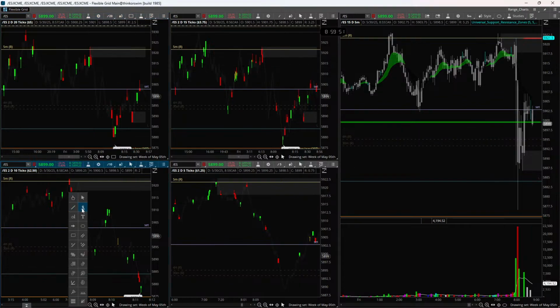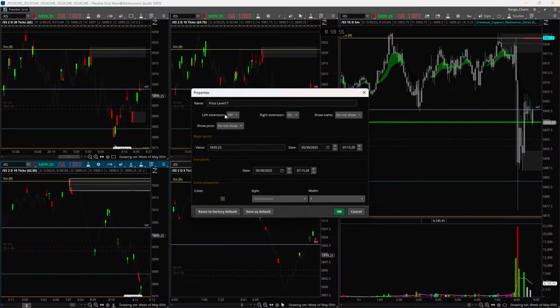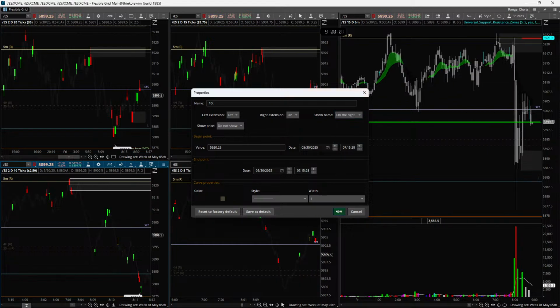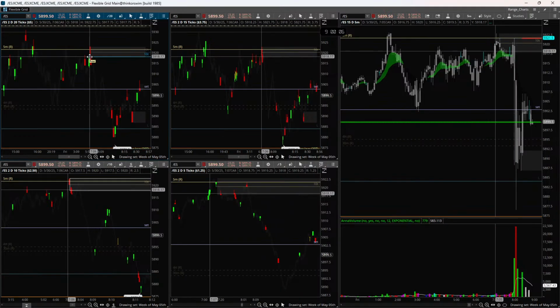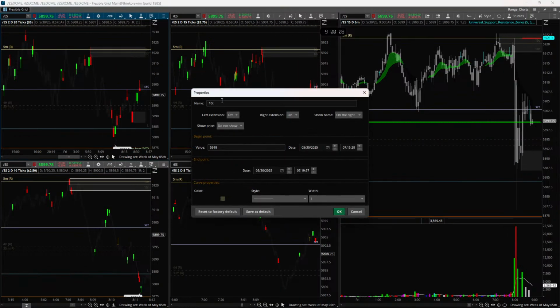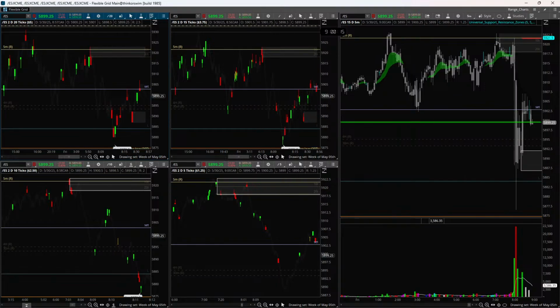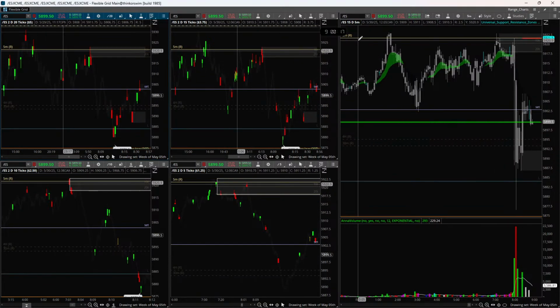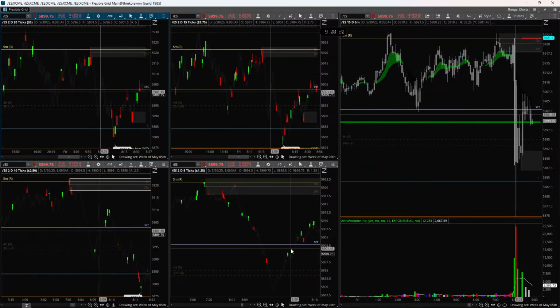Alright, so we got this 10 tick. Alright, this is the 20 tick. Alright, so got a lot going on, so this is definitely something I am interested in, this area here. I like to see price come back to it.